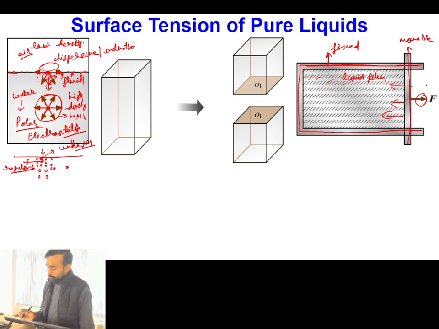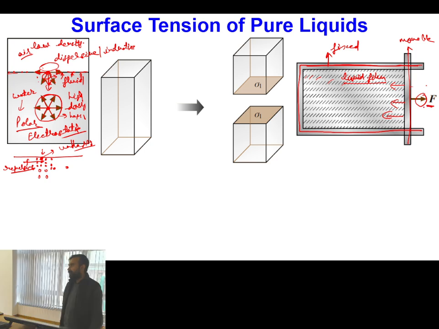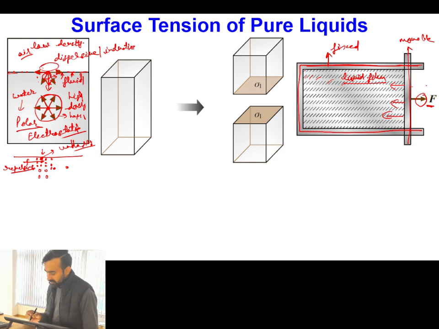In order to maintain this liquid film, what we need to do? We need to hold this bar with some force. So whenever we are holding this bar, let us consider I am applying F amount of force in order to hold this bar at its current position. So ultimately, if L is the spacing between these plates, what is happening over here?